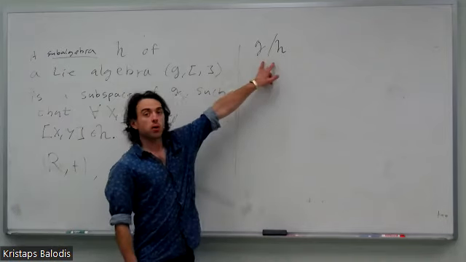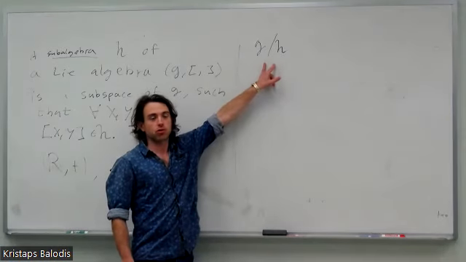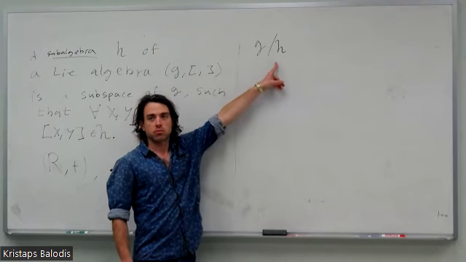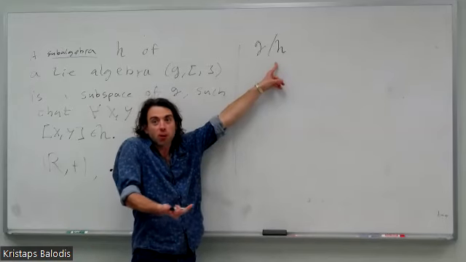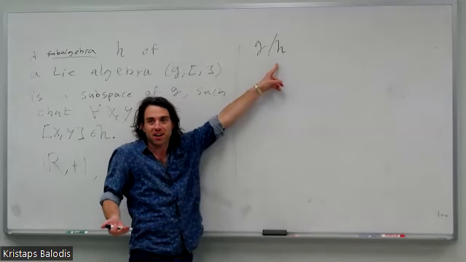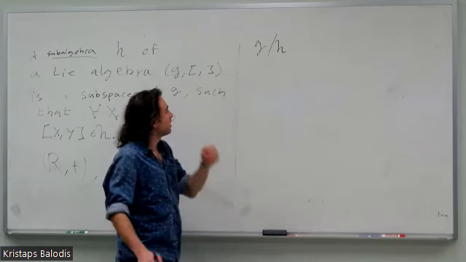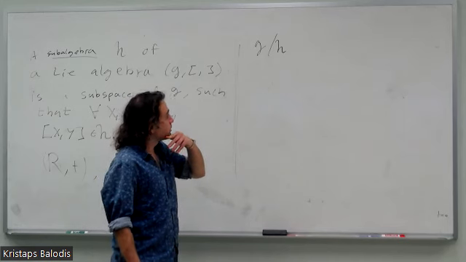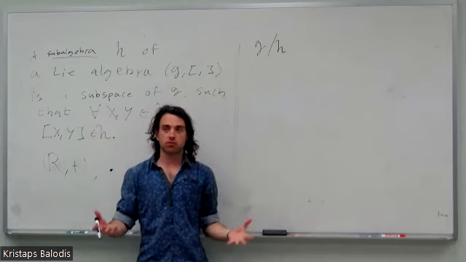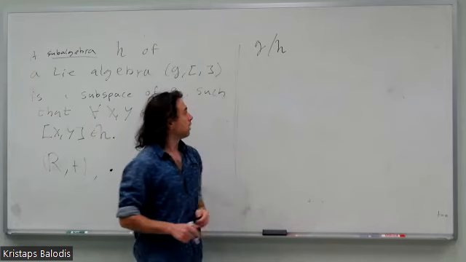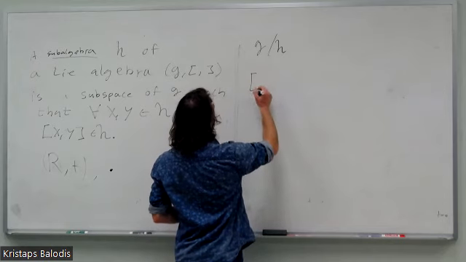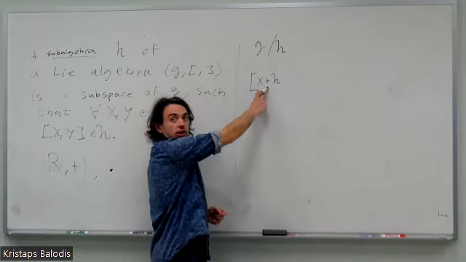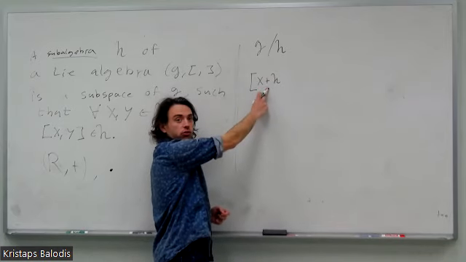And so again, if we want to make sense of what the quotient structure should even be, well, probably H should at least be a subspace, right? Because if we're going to take the quotient of a vector space, we're going to take the quotient by a subspace. So we should definitely be quotienting by subspaces. And we want our quotient to be another instance of a Lie algebra, right? That means we want some sort of bracket on our quotient to be defined, so I write my cosets additively because this is a quotient of vector spaces.